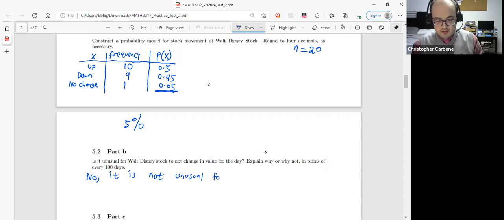It is not unusual for the stock to not change in value for the day.